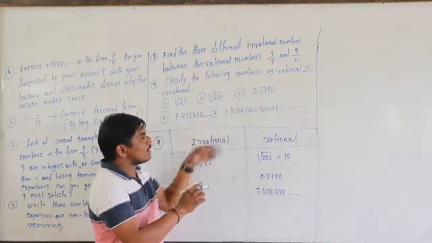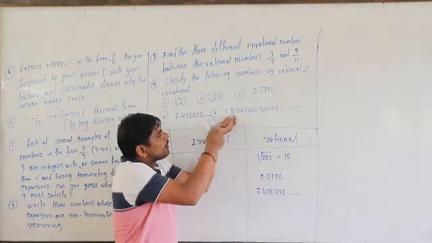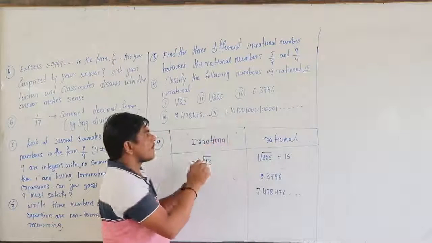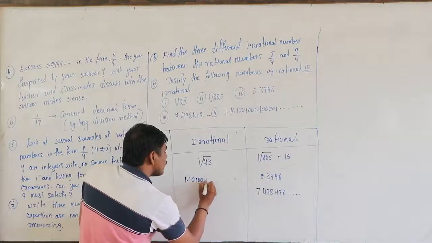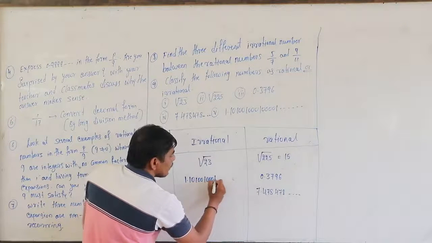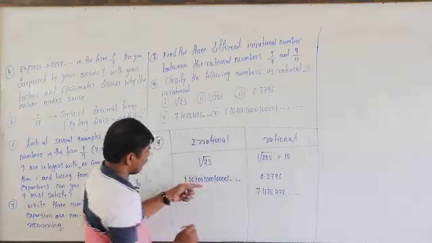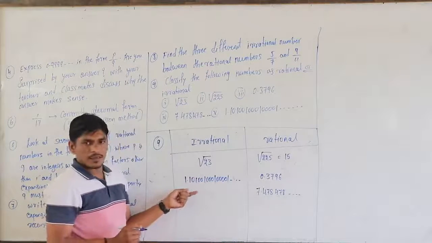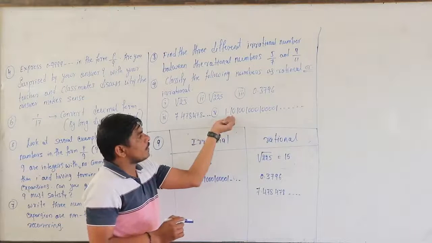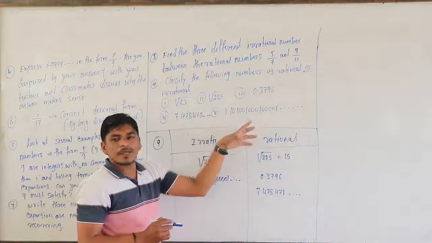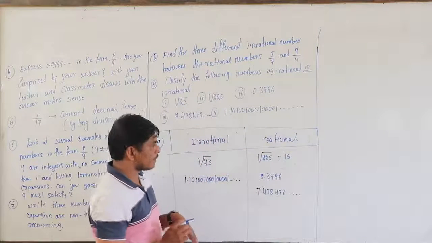In this number, it is not continuously repeating, that's why this is irrational. 0.10, 100, 1000, 10001 and so on. This is an irrational number. In this number, no one number is continuously repeated. That's why this is an irrational number.